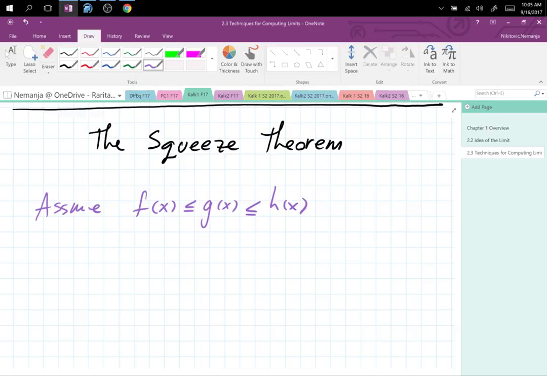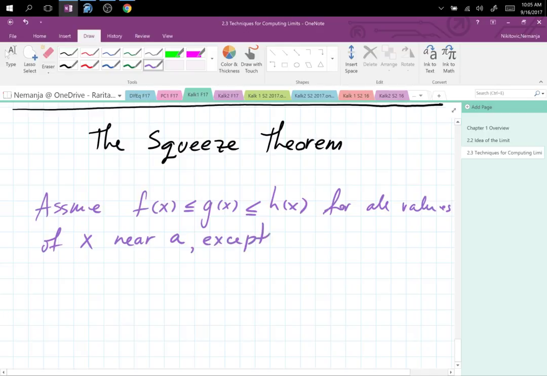For all values of x near a, except possibly at a.